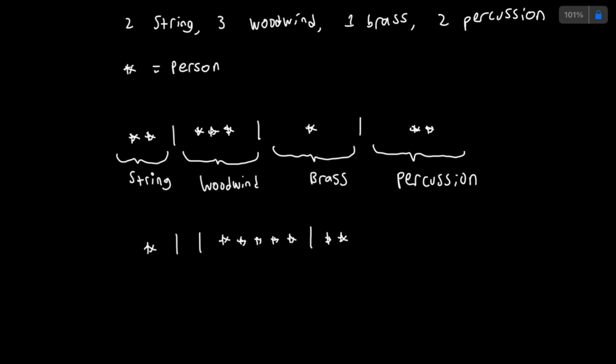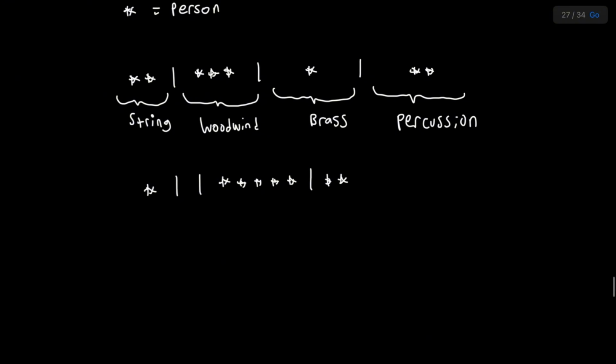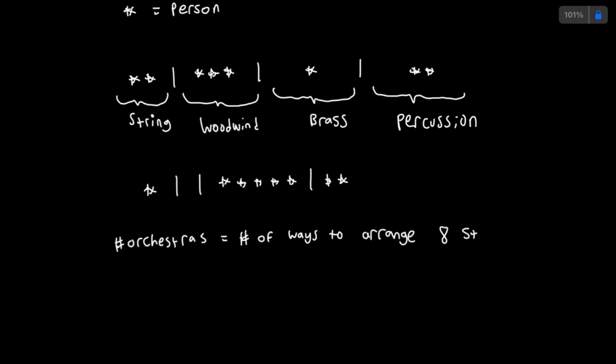And so really, the number of orchestras is the number of arrangements we can make of these. So essentially, it's the number of ways to arrange. Well, we have 8 stars for the 8 people, and 3 bars, right? Because each of the bars separates the sections.